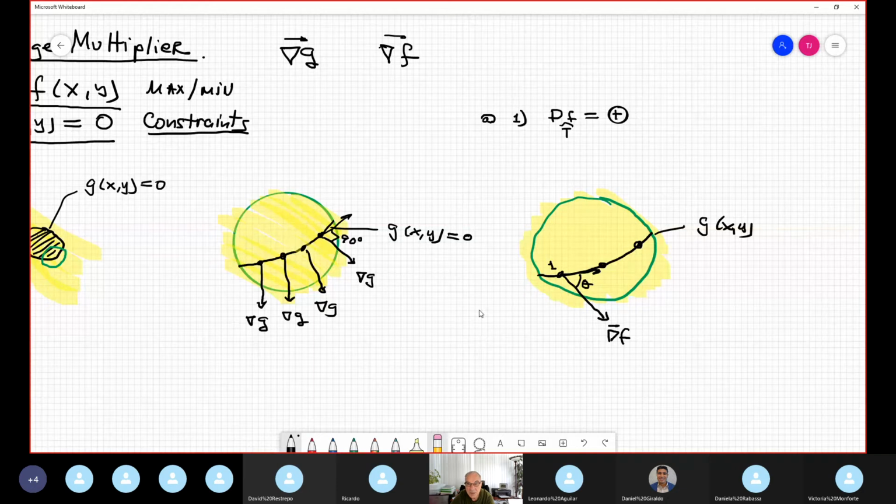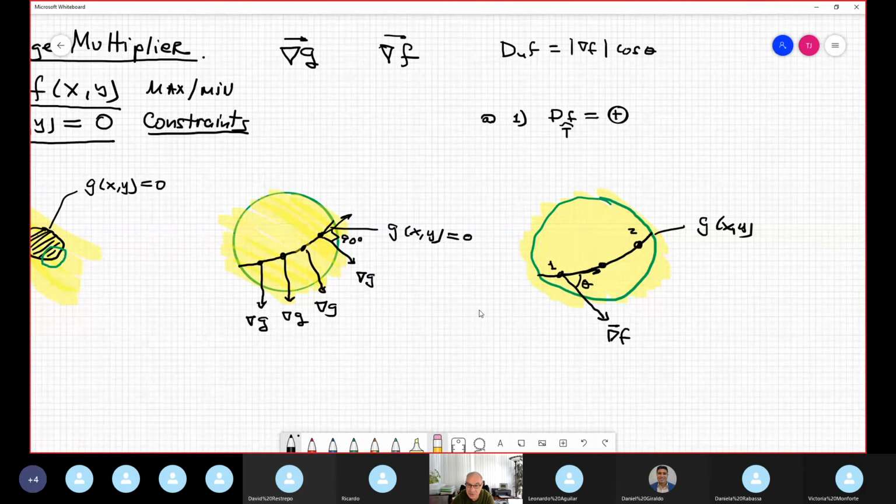Because I know the definition of the directional derivative for any unit vector is the magnitude of the gradient times the magnitude of the unit vector, which is always 1, times cosine theta. If theta is acute, the cosine of an angle in the first quadrant is positive. That means at point 1 the function is increasing. This is the interpretation. However, at point 2, let's see, a completely different situation happens. Again, this is the tangent vector.